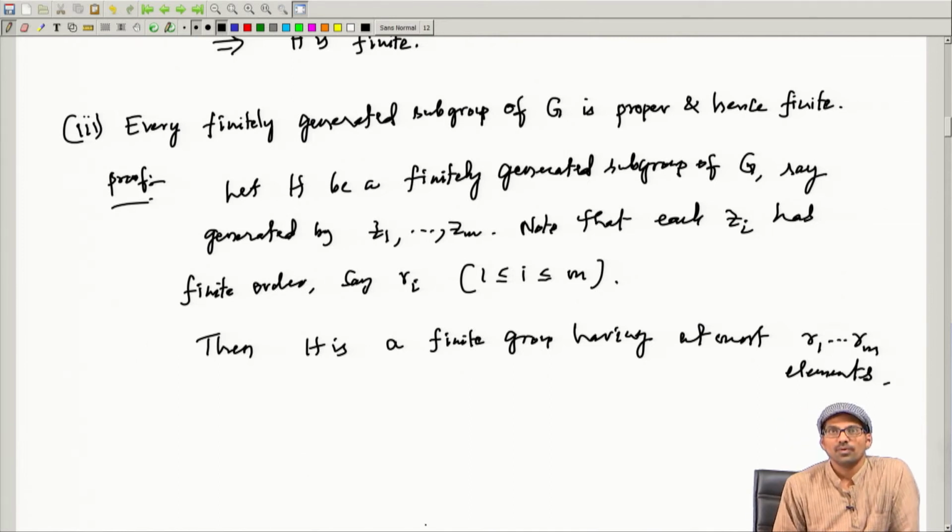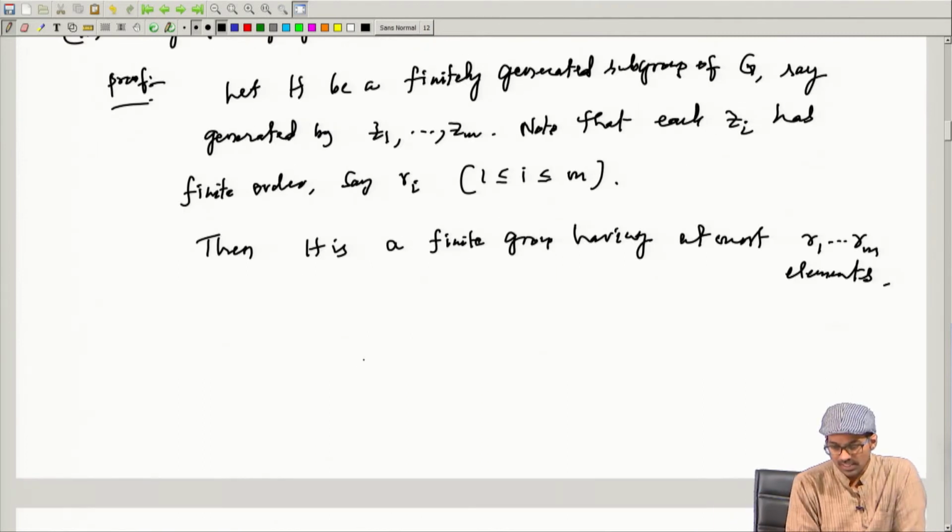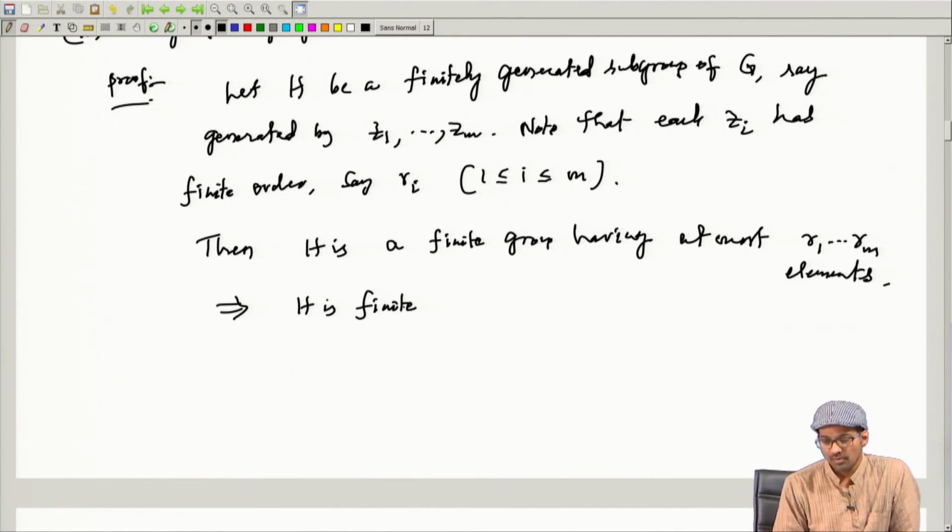Okay. So, H is a finite group having at most r1 r2 ... rm elements. So, that means that H is finite. Okay. And H is finite and also H is a proper subgroup.